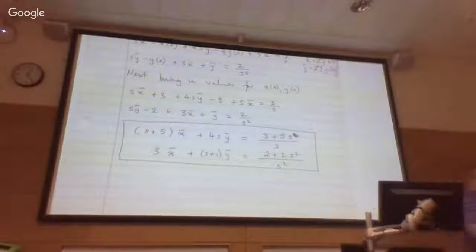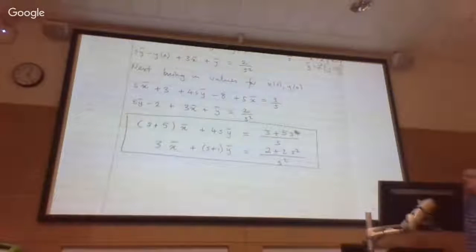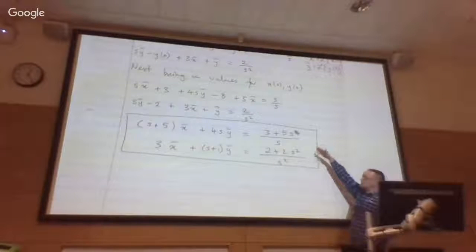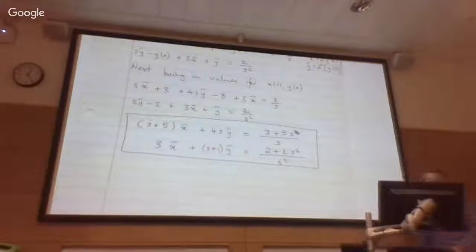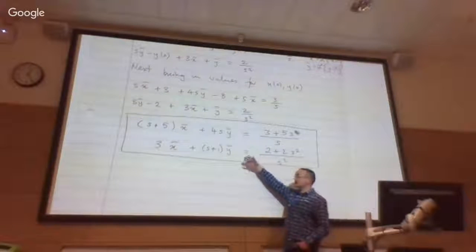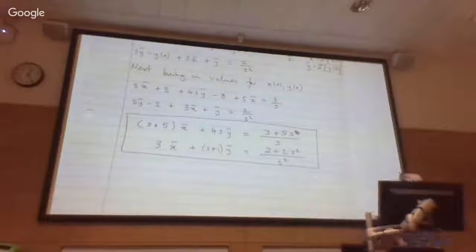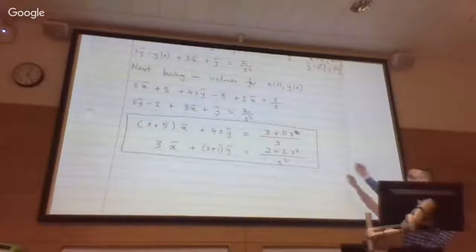We've got x bar and y bar on the left-hand side, a rational function of s on the right-hand side. The equations are still coupled. x bar and y bar are involved in both. But we can now set about solving these algebraically.